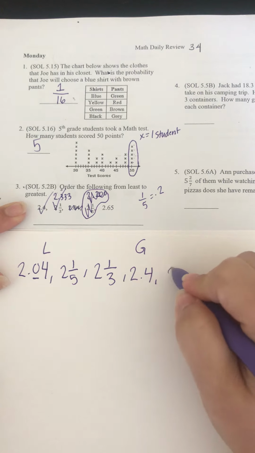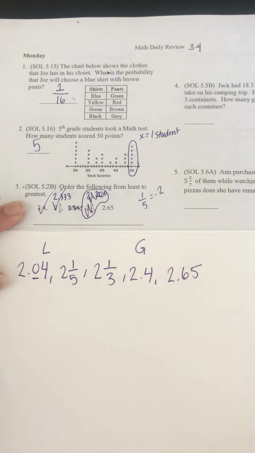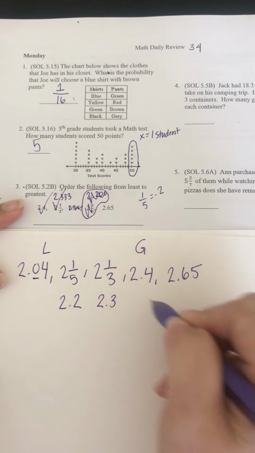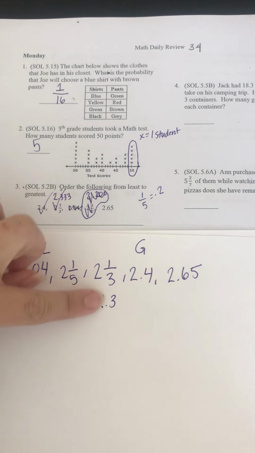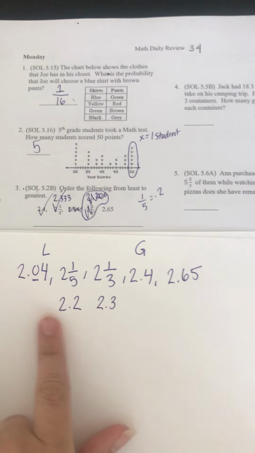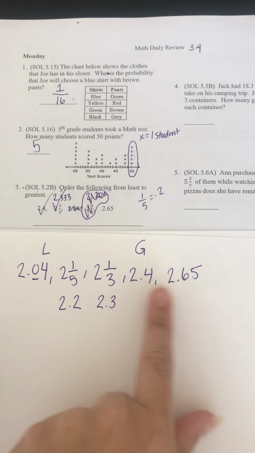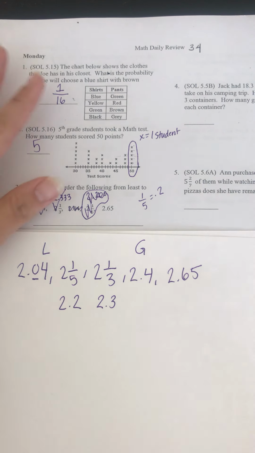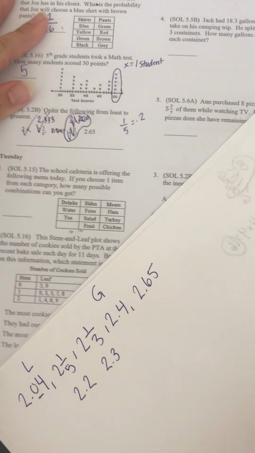And then 2.6 is going to be the greatest. So again, if you wanted to change those to decimals, that way you can see 2.0, 2.2, 2.3, 2.4, 2.6, least to greatest. Awesome.